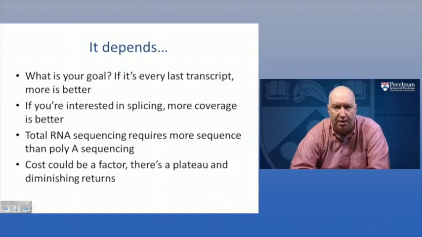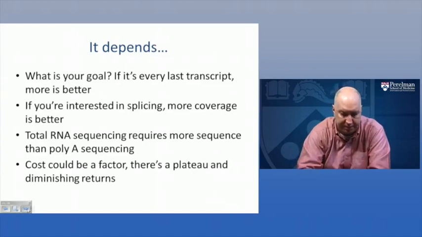And of course, as a lab head or a PI or a graduate student or postdoc doing the work, cost could very well be a factor. As you could see on the previous graph, there's a plateau and diminishing returns. So you have to decide whether or not doubling the cost by generating twice as many reads is worth a 5% incremental improvement in detecting gene expression.